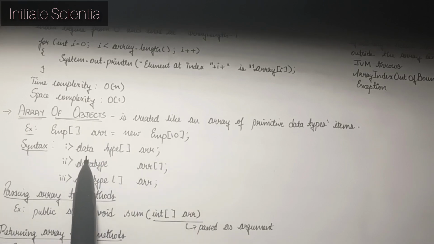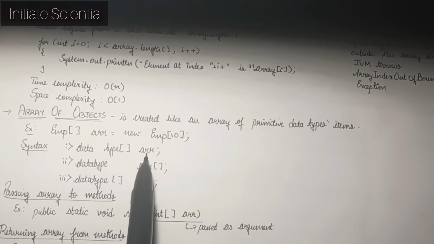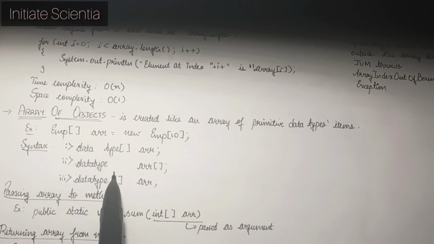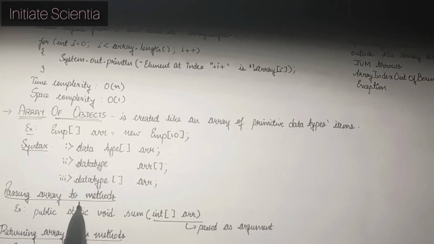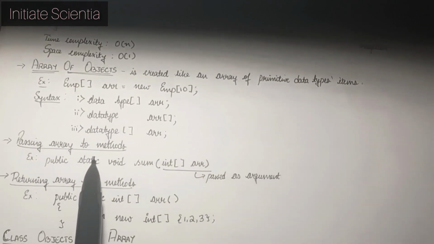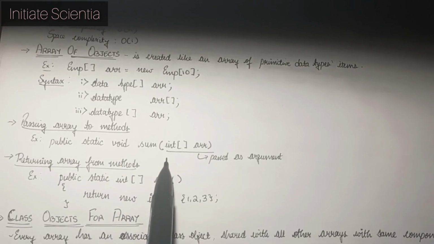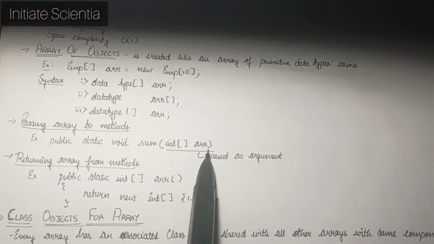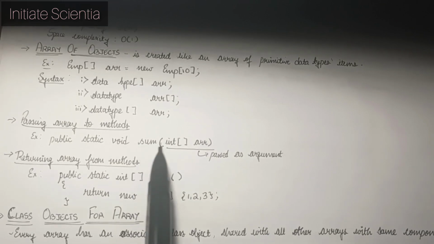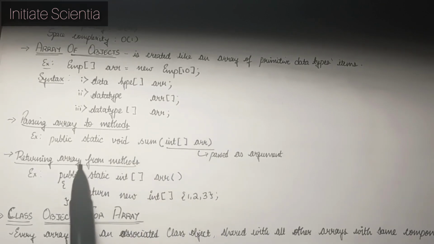So we can have it as data type arr, or data type with the brackets after the variable name, and so on. For passing an array to methods, example public static void sum, you're passing the integer array to the sum function. So here it's passed as an argument to the function.